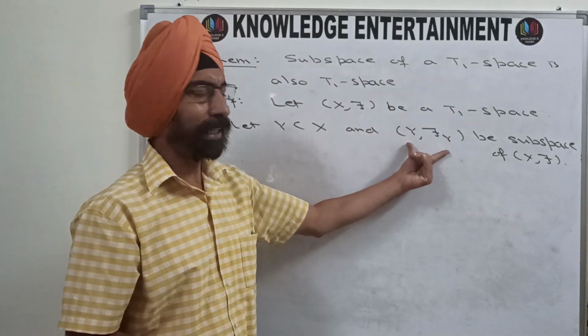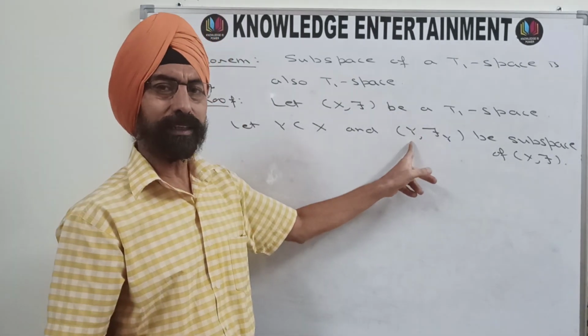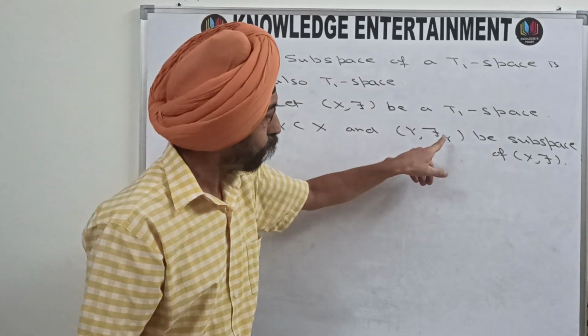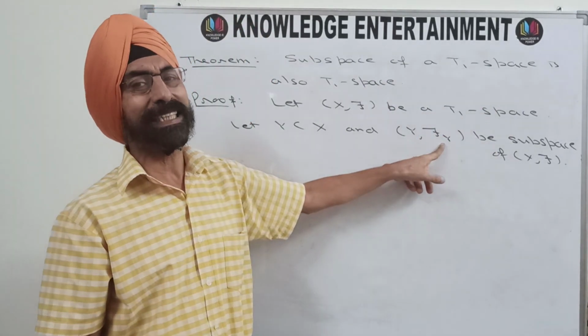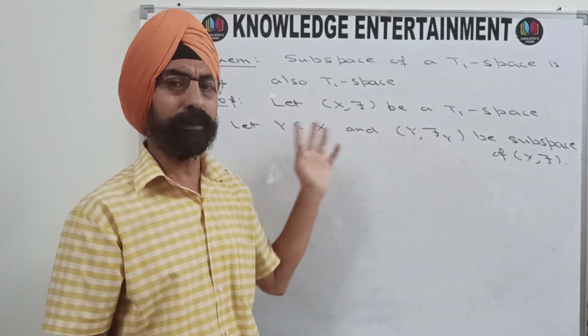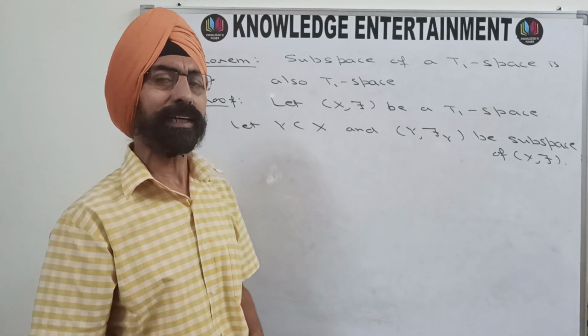Now we want to prove it is a T1 space, so what we will have to do is take two distinct elements from Y, and obtain two tau Y open sets G and H, containing the elements differently, one containing x and not containing y, the other containing y and not containing x.